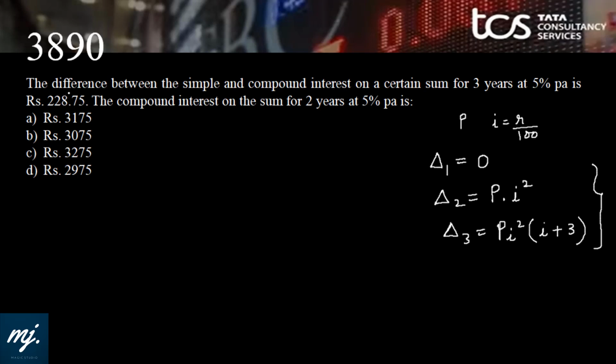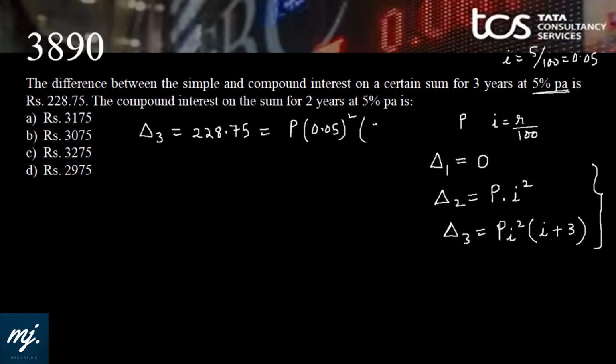So what is it? The difference between simple and compound interest on a certain sum for 3 years, that means delta 3, at 5% per annum, that means I = 5 by 100, that is 0.05, is 228.75. And this is equal to P into 0.05 whole square into (3 + 0.05), that is 3.05.